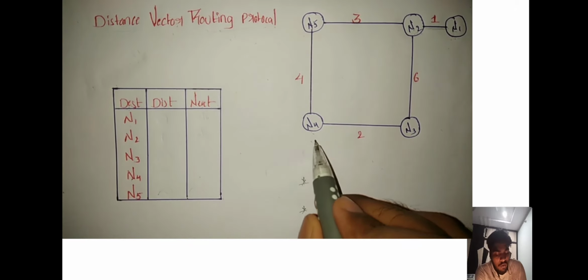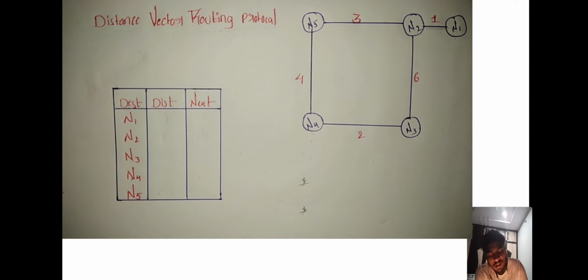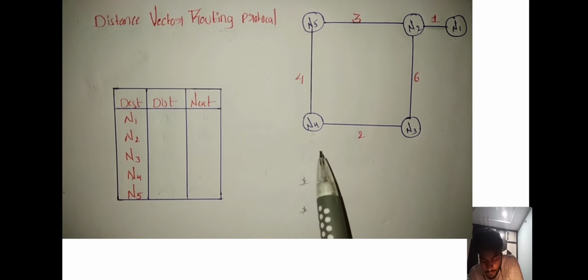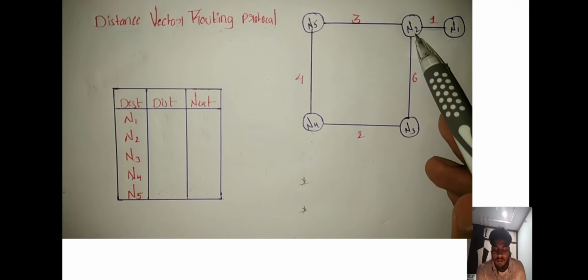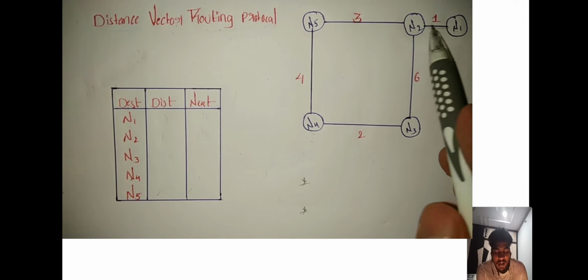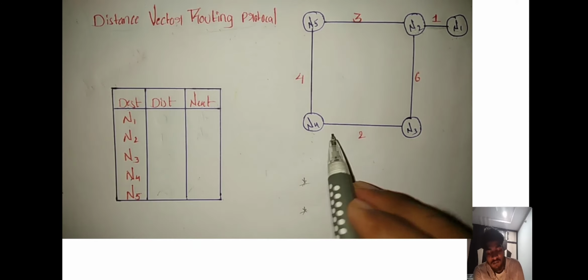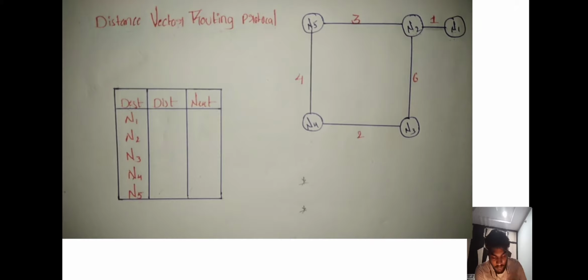That means N4 only knows how much distance, delay or cost it takes to transfer a packet from N4 to N3 and N5. N1 knows only N2. It only knows about its neighbors. This is the second condition.